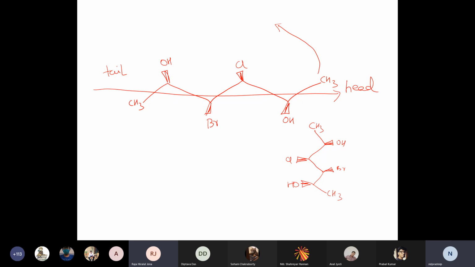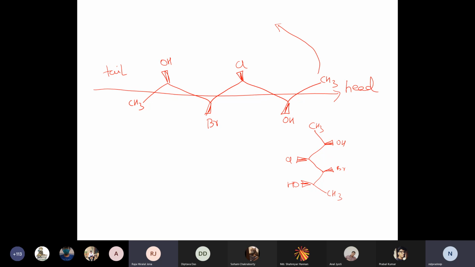Sir, in this type of nomenclature we are going from tail to head. Is this always the case, or in any case should the first carbon be on top and the last carbon on the tail? See, this system will change only when I go for biphenyl. There I will give you the rule.